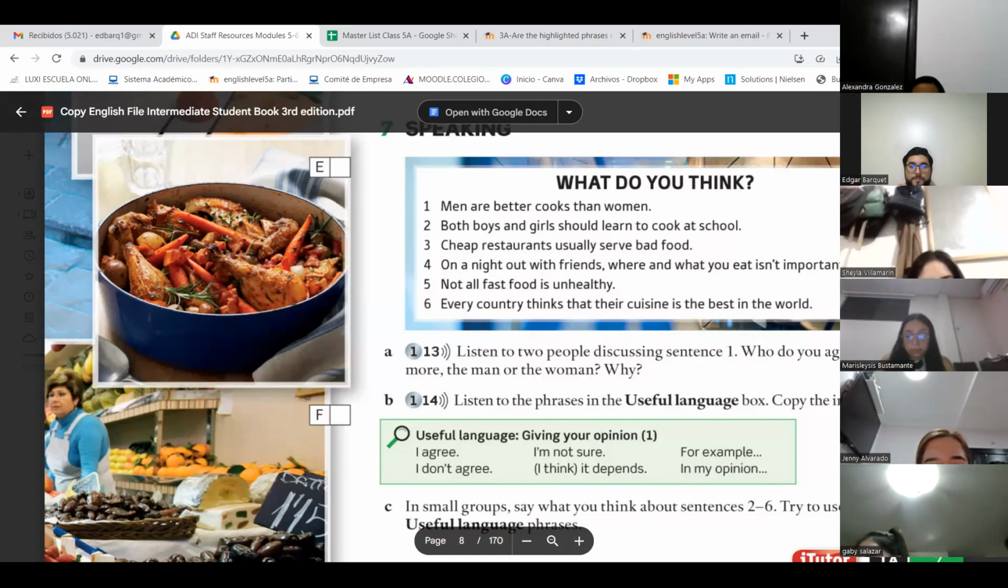I think that this is okay because I don't know how to cook, and my mother and my father are working, so they didn't teach me to cook. So I can learn this activity in the school, it is okay.